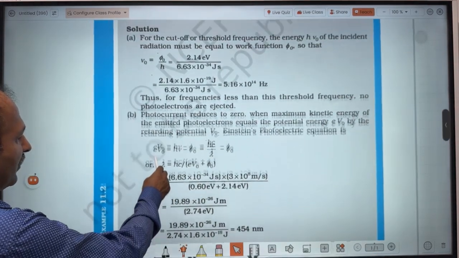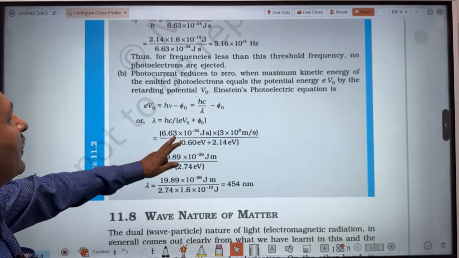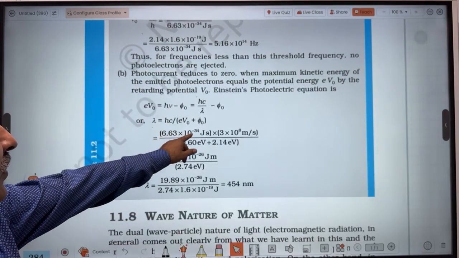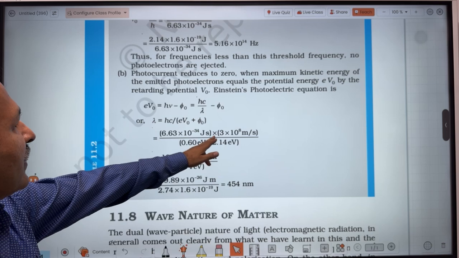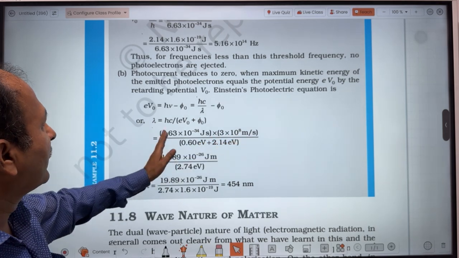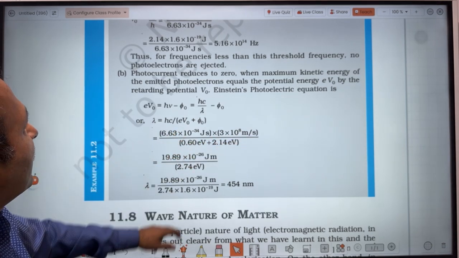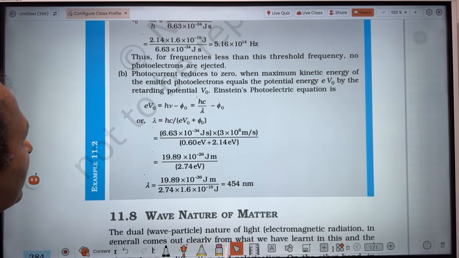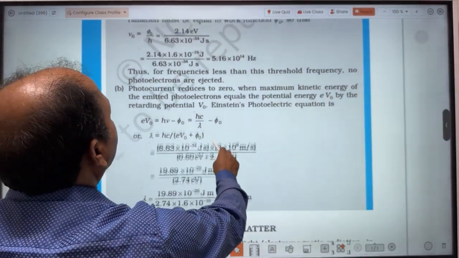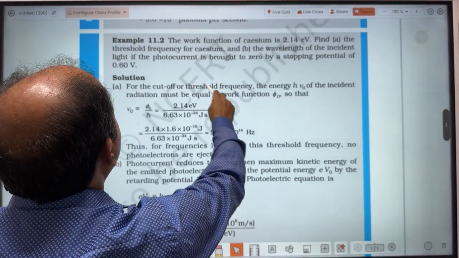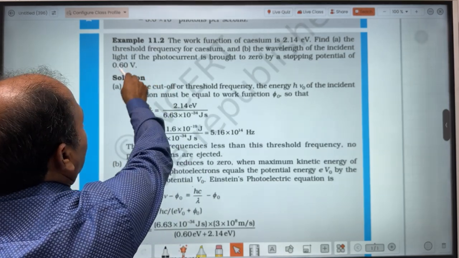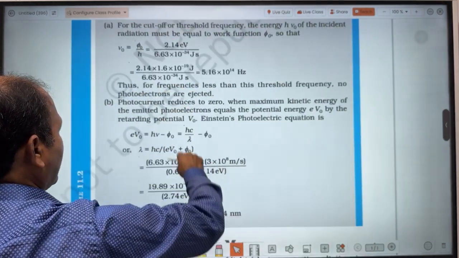Now we can put the values. Here h is 6.63 into 10 power minus 34 and c is 3 into 10 power 8, divided by eV0. eV0 we have evaluated, or in our question it is given, V0 is this, and the electronic charge is to be multiplied.